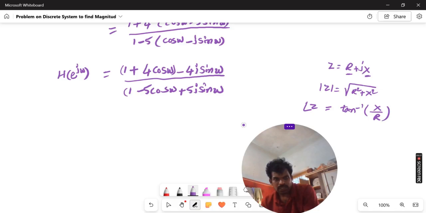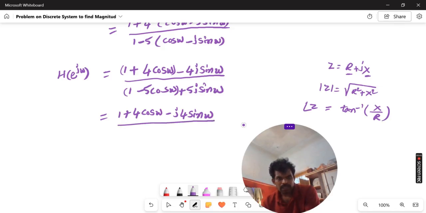Likewise this one is a real value in the denominator and this one is the imaginary value. Let us write down one more step: 1 plus 4 cos omega minus j into 4 sin omega, divided by 1 minus 5 cos omega minus j 5 sin omega.